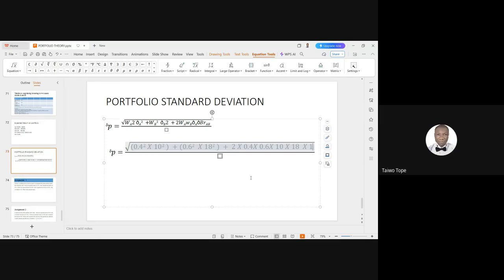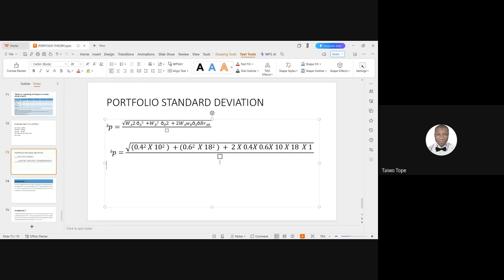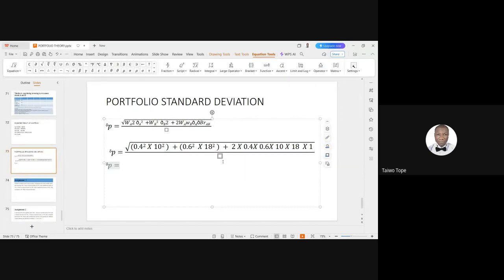When you solve, this is scenario 1. What will be your results? Now, if you don't know how to press the calculator, this is where the problem will come.